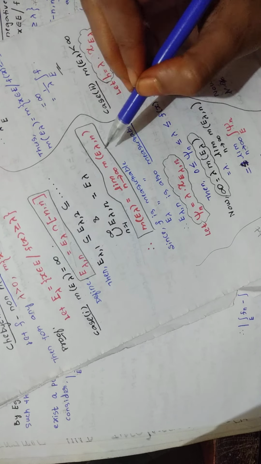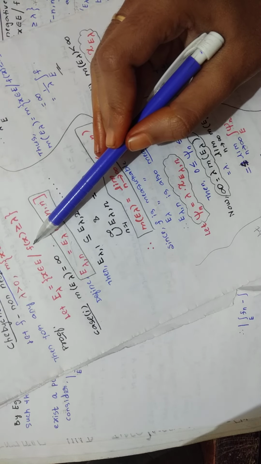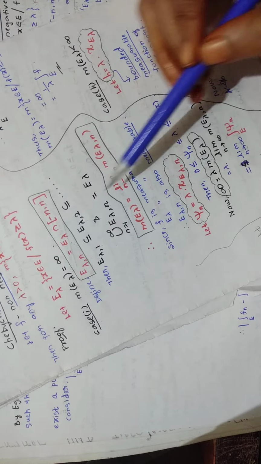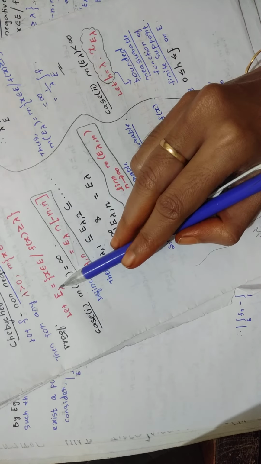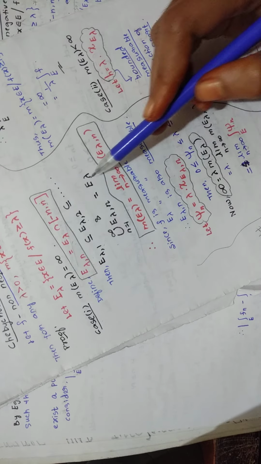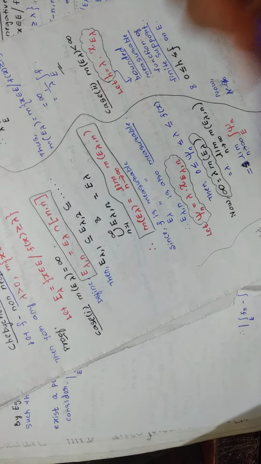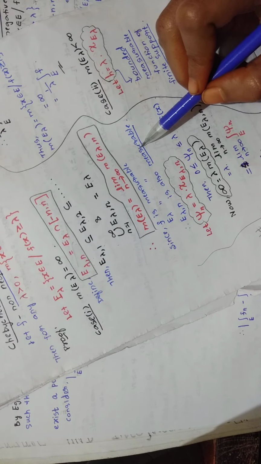From the statement, f is a non-negative measurable function on E, and we use that here. Since f is measurable, E lambda is also measurable. If E lambda is measurable, then E lambda comma n will also be measurable.